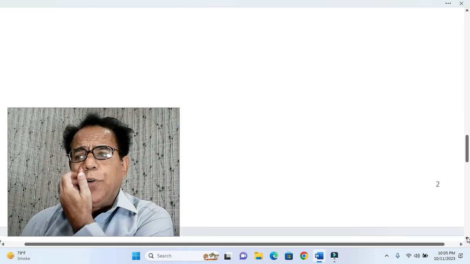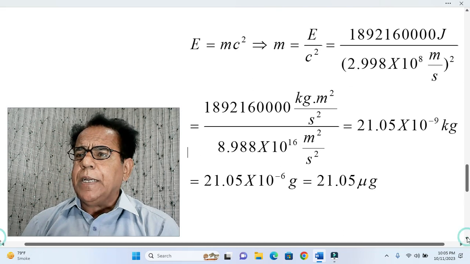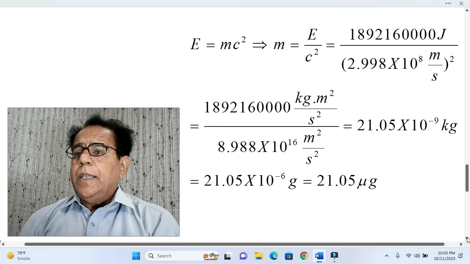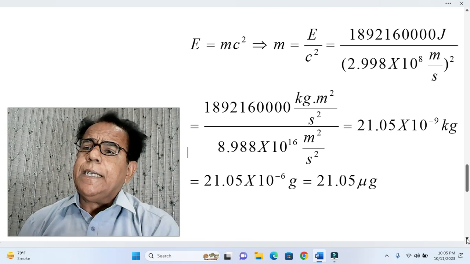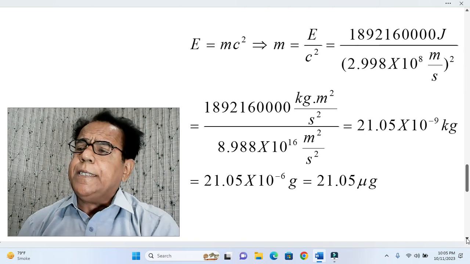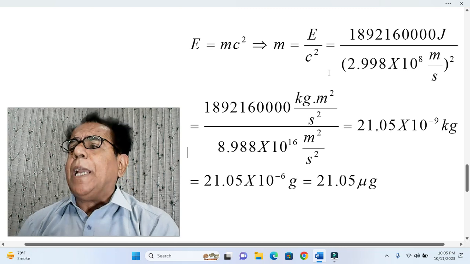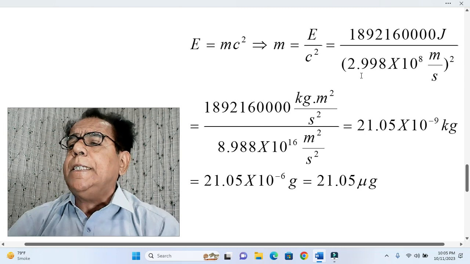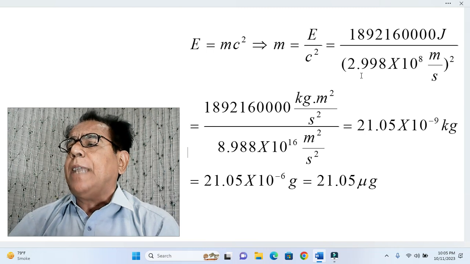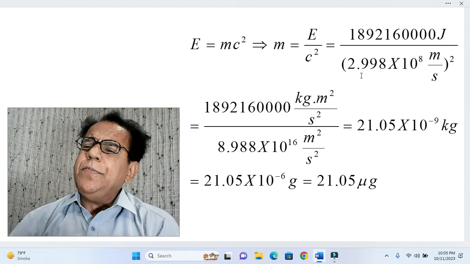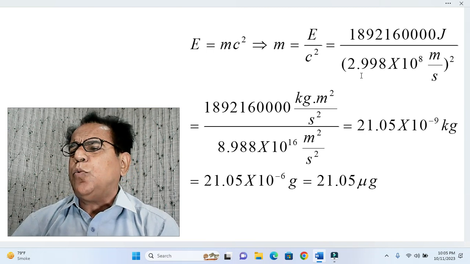Now we apply the most famous formula, the ABC of relativity, the ABC of Einstein: E equal to mc square. This implies that m equal to E over c square. We have found E in our previous step, and we know that the value of the speed of light c is 2.998 into 10 raised to the power 8 meter per second. Sometimes we take it as 2.998, sometimes as 3.0, no difference.